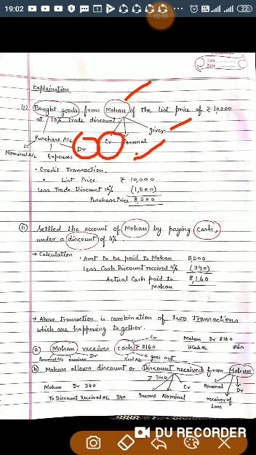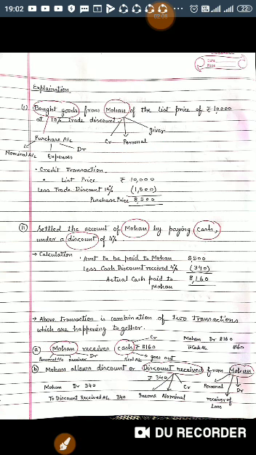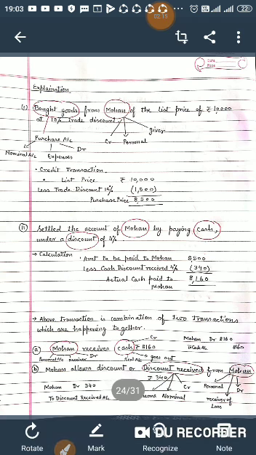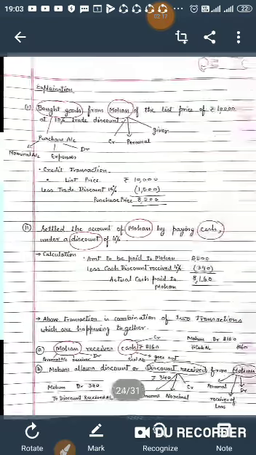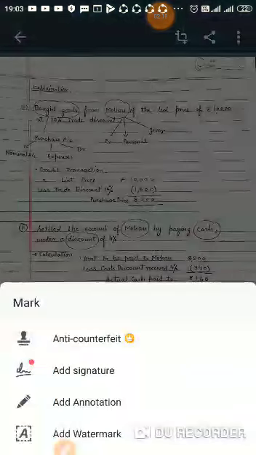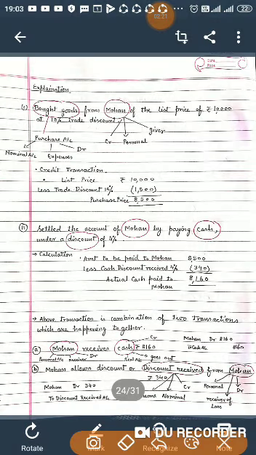Now we can calculate it because the list price and the trade discount of 15% are given. So the purchasing price we will calculate in this way. List price is 10,000, less trade discount 15%. 15% of 10,000 is 1,500.